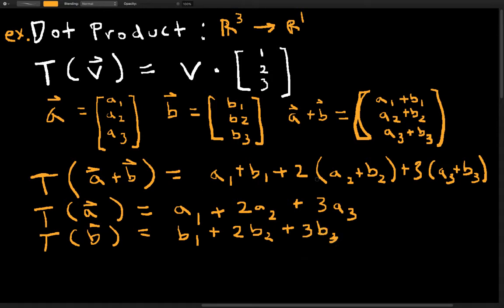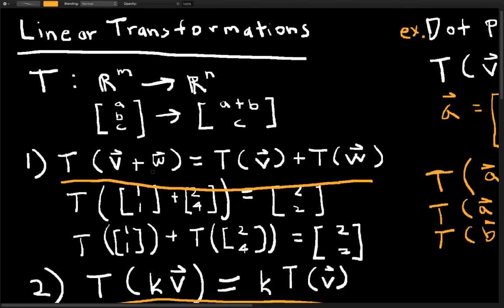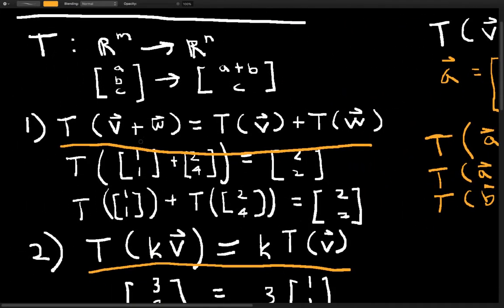Once we distribute this 2 and this 3, we would actually get the same thing as T of A plus T of B. So it holds under that first property, addition.